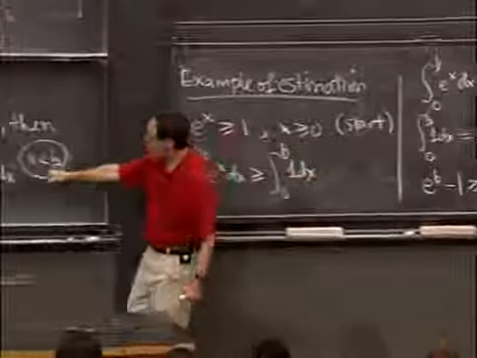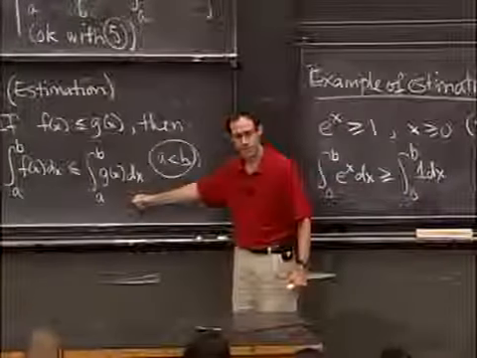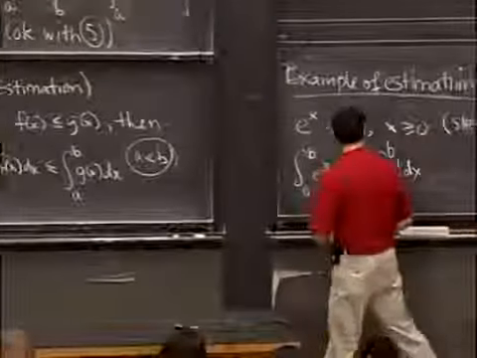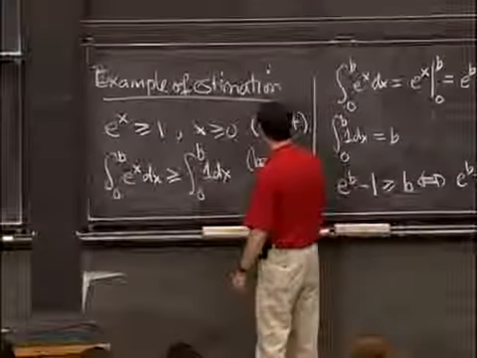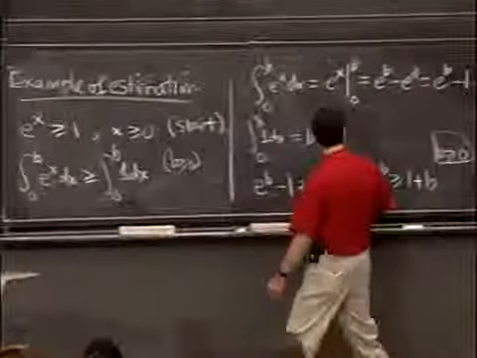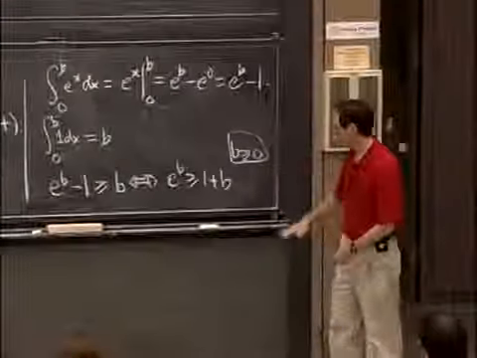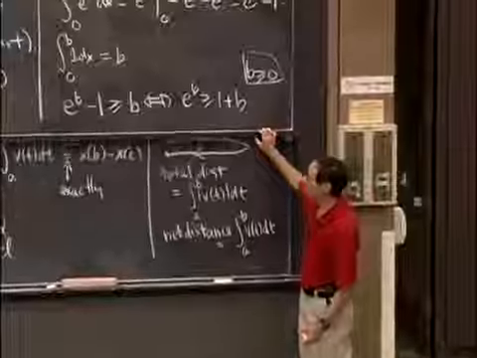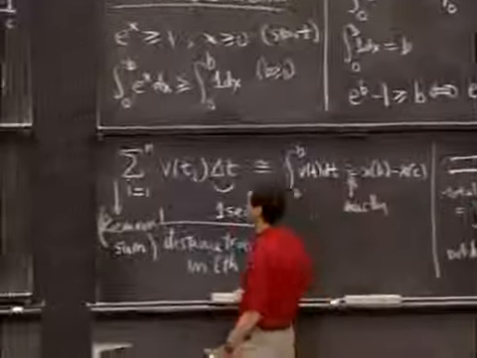But this estimation would be false. All right? We need that b be bigger than 0 in order for this to make sense. So this was used. And that's a good thing because this inequality is suspect. Actually, it turns out to be true when b is negative. But we certainly didn't prove it.